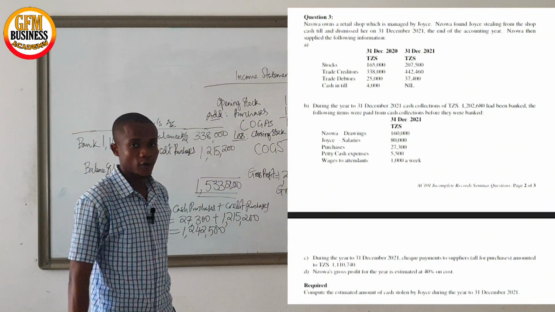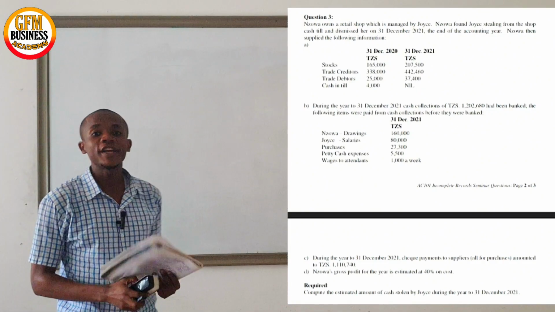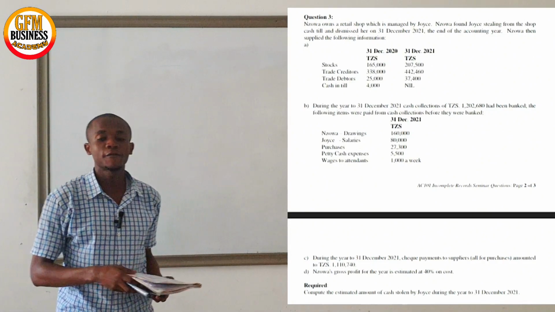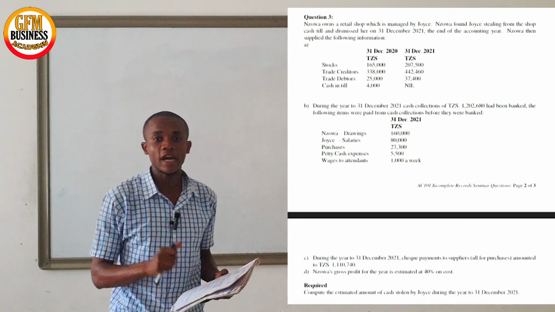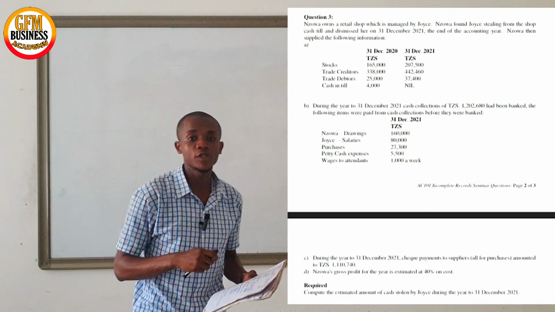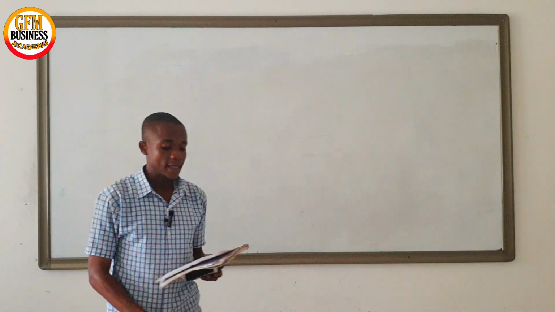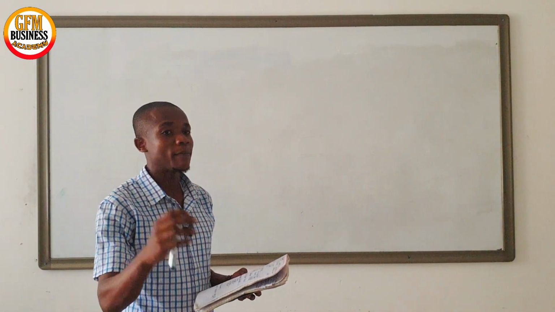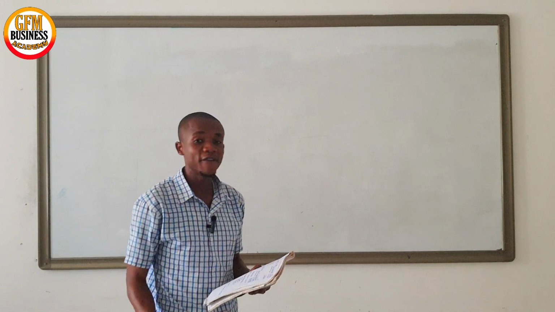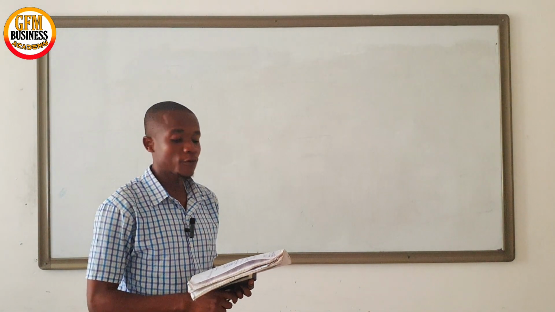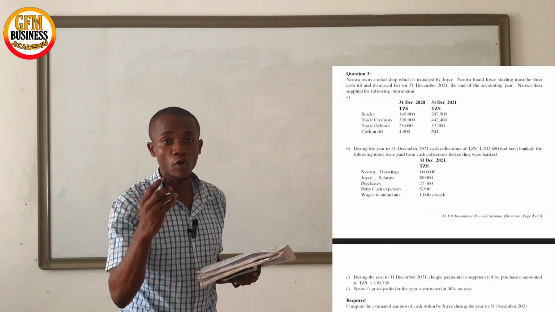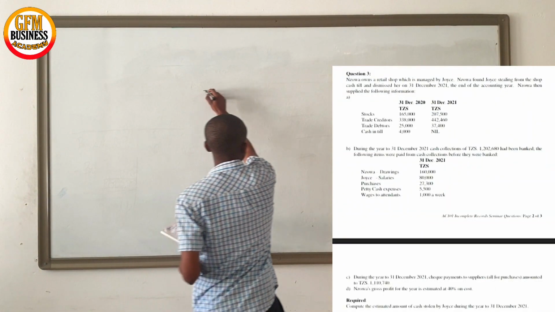Now, let's find out how we find the cash stolen. In order to find the cash stolen, you must first find the cash which was collected, before the money was taken to the bank. This can be found when we open the debtors account.